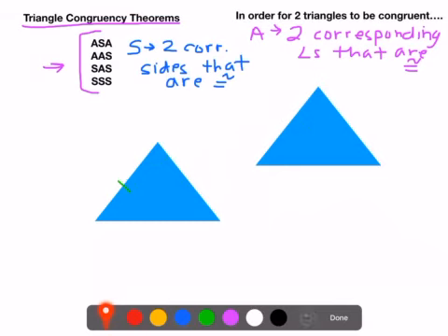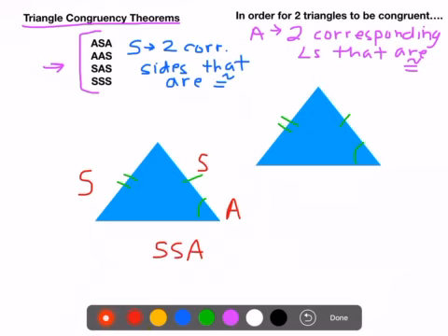And then the last thing I want to remind you of is those four congruency theorems are the only ones that you can use. For example, if I gave you this picture here and this picture here, everything does correspond. I have a pair of sides that correspond, a second pair of corresponding congruent sides, and a pair of corresponding congruent angles. However, this is SSA.